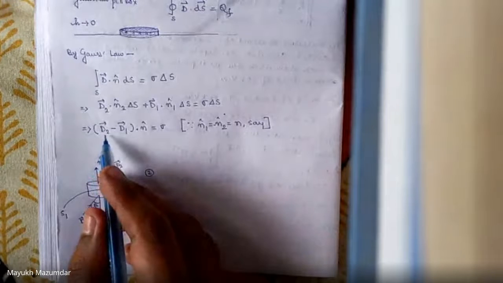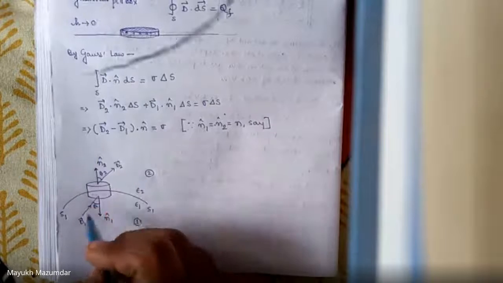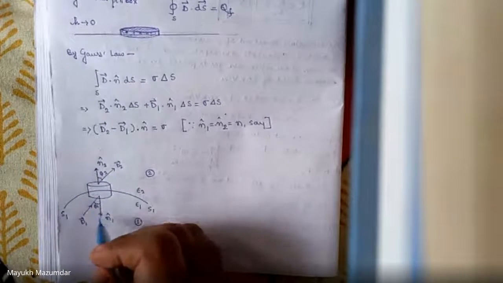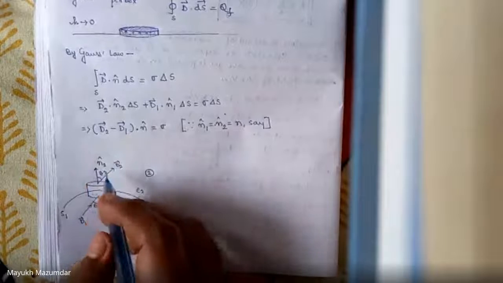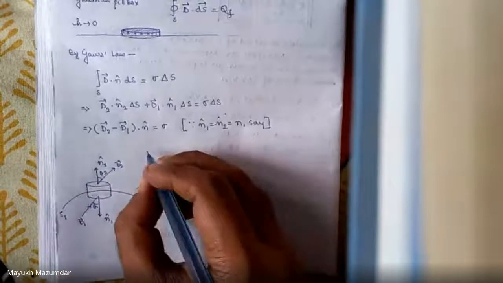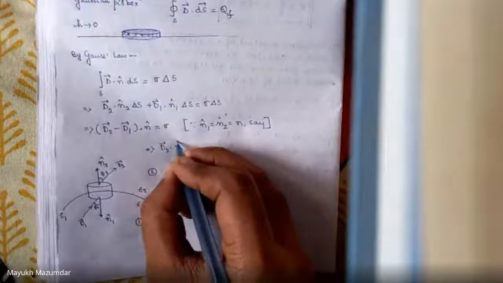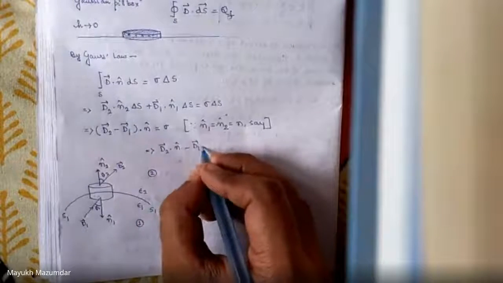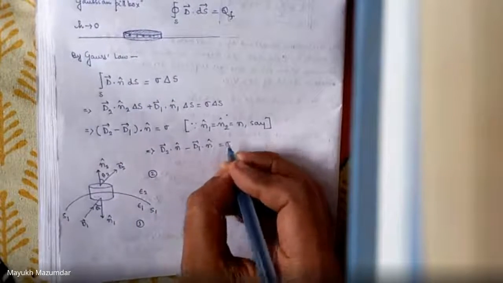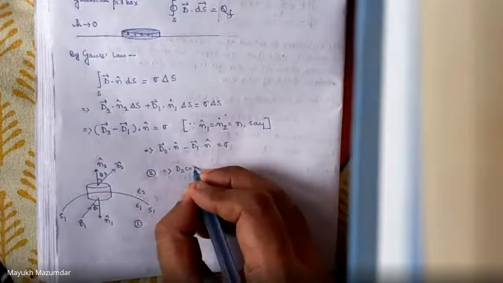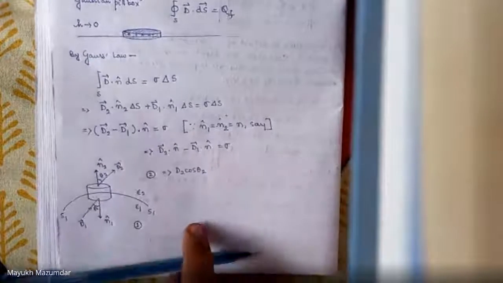So see, D2 dot n. Both magnitudes are the same. Okay, let me write this equation like this. Now can I write D2 dot this vector equal to D2 cos θ2?